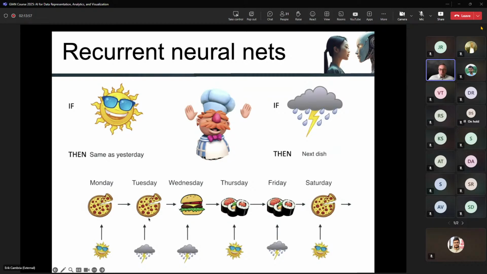This was just an example to tell you that recurrent neural networks came about to model more complex problems, when you don't just have classification or if-then situations like we had before, but you also have a sequence to take care of. I don't know if that answers your questions.